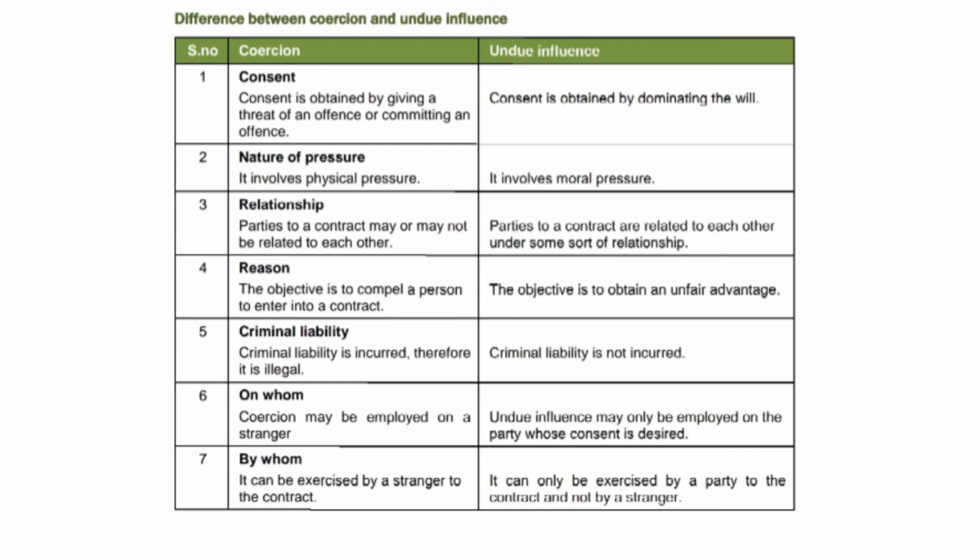So in point number 7, we can see that when it comes to coercion, the pressure can be exercised by a stranger to the contract, as we saw in the example regarding Asif, whereas when it comes to undue influence, the pressure can only be exercised by a party to the contract and not by a stranger.